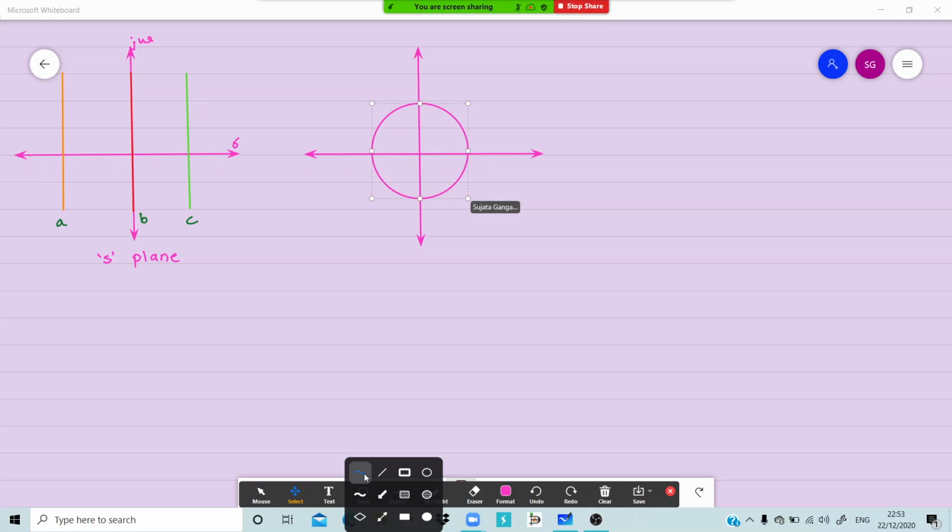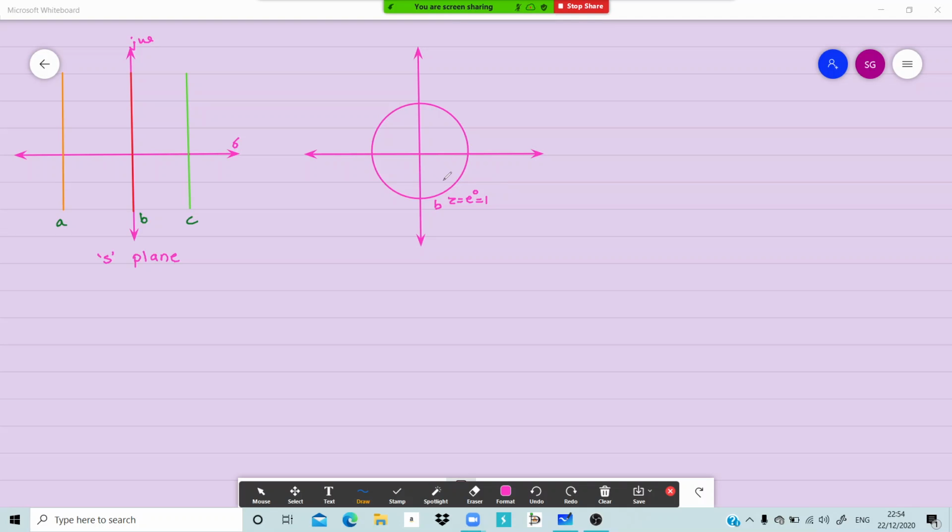This thing is representing your curve B, or your horizontal line, that is B. This one is s equal to 0, since z is equal to e raised to s, and s is 0, that's why it is equal to 1.